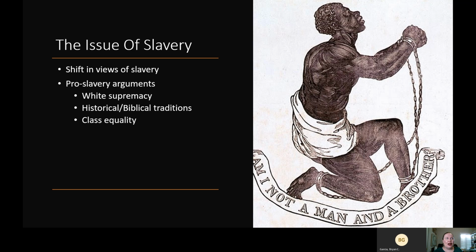So as slavery expands in the South, but is shrinking in the North, slavery becomes a topic of discussion, especially in Congress. Slavery is written into the Constitution, right? It's not mentioned by name, but we have things like the 3/5 clause, where 3/5 of the slave population is counted for representation in Congress.